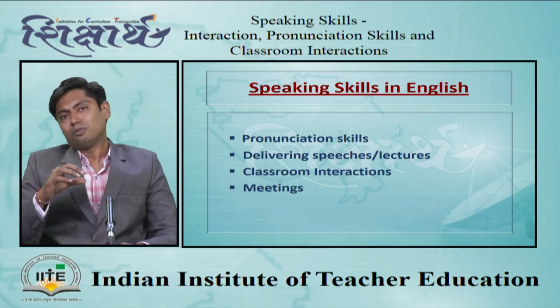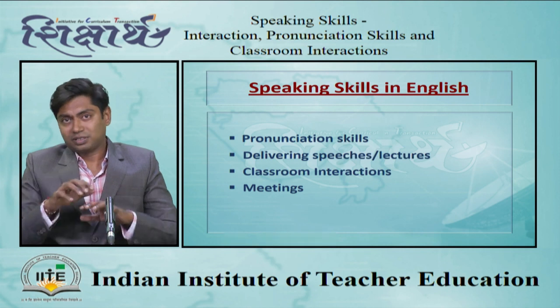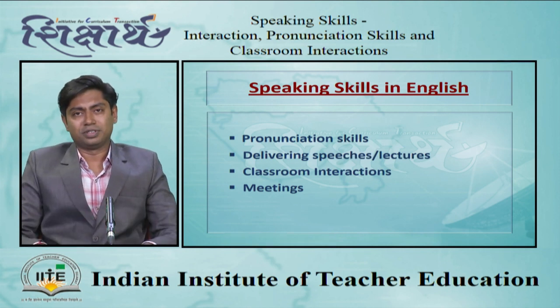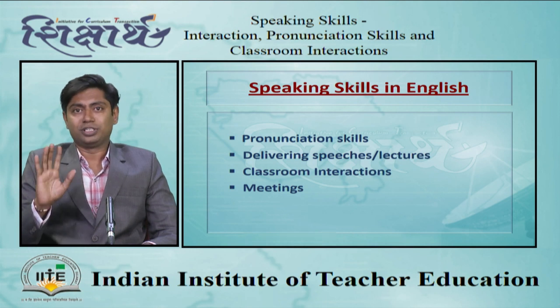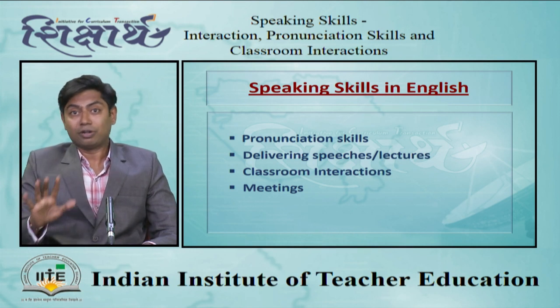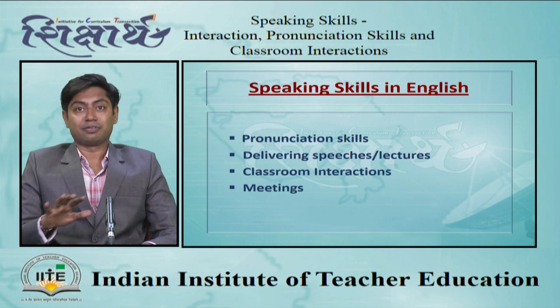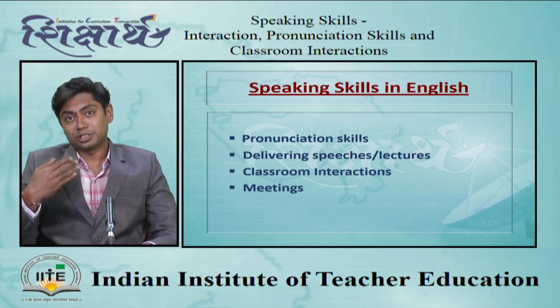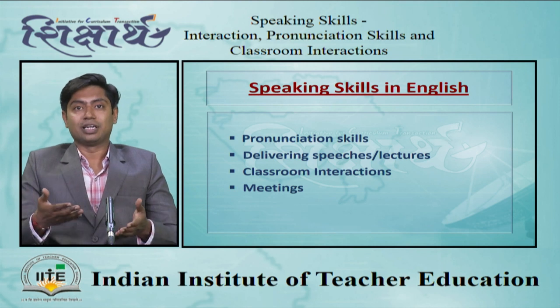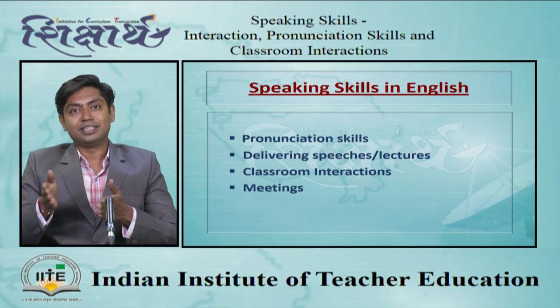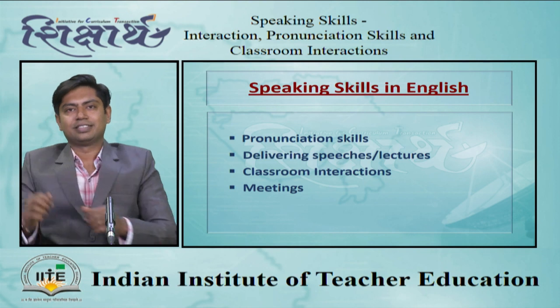Now, before I begin the whole scenario of this language, always try to follow some logical aspects. And when we see logical aspects, I always prefer that language must be learned in these four categories. The categories are listening, speaking, reading, and writing.